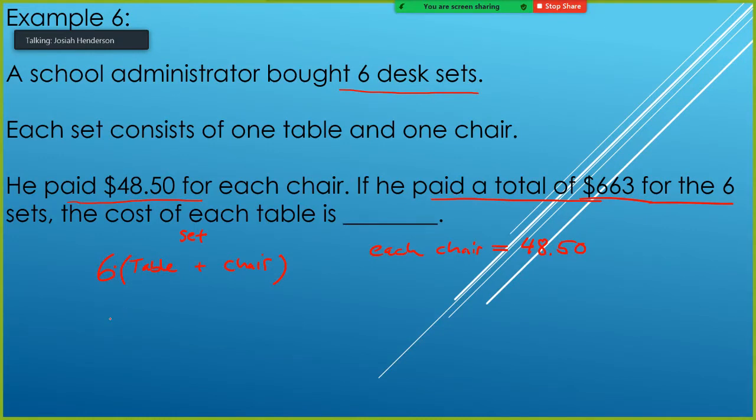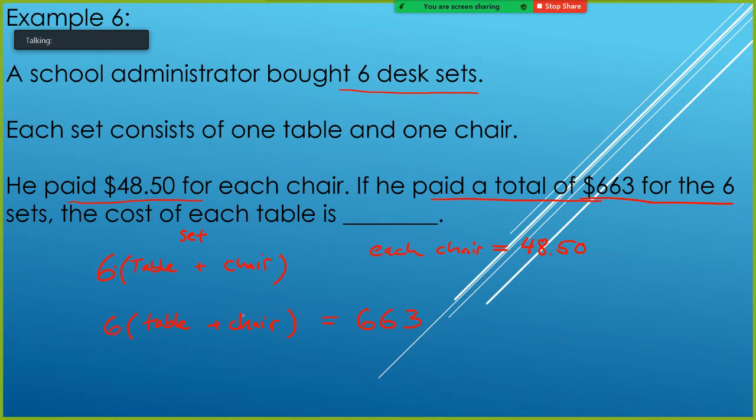So I'm going to write that down below. 6 table plus chair is equal to 663. We also noted that each chair individually is $48.50. Now, in the set, in the parentheses, I've got table plus chair.